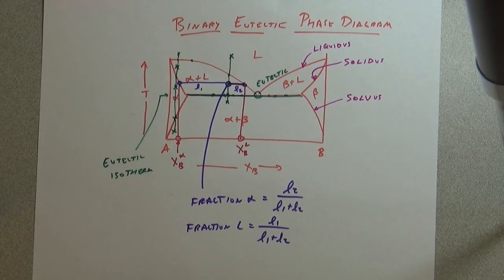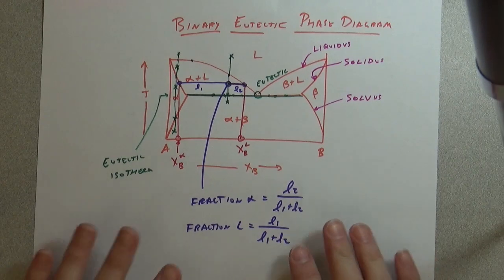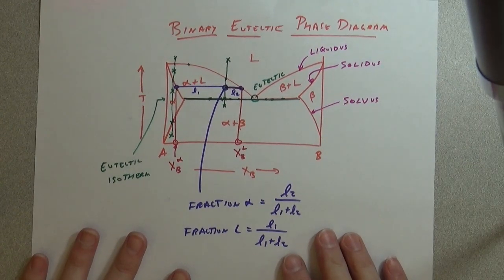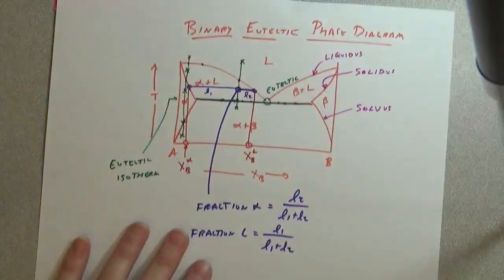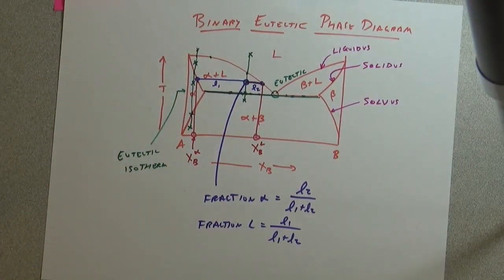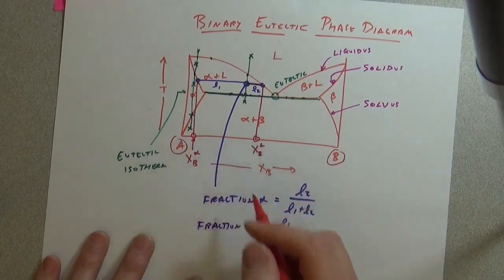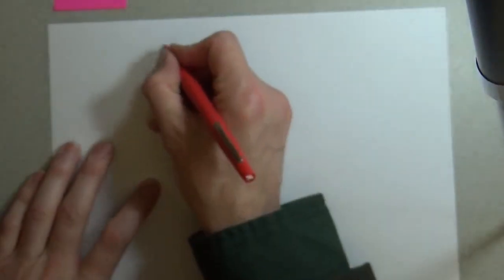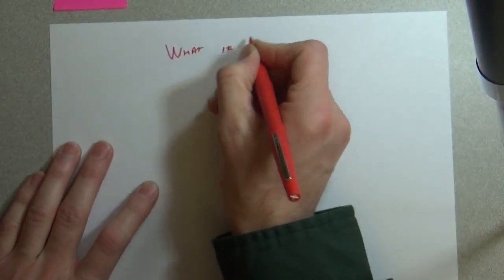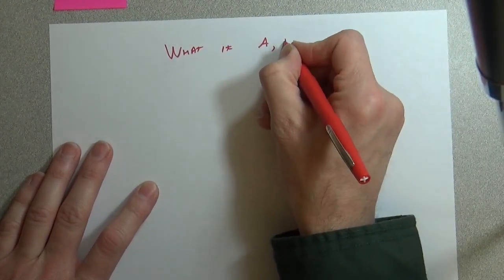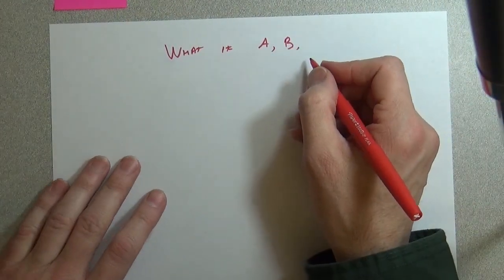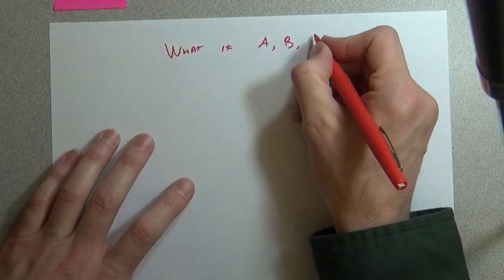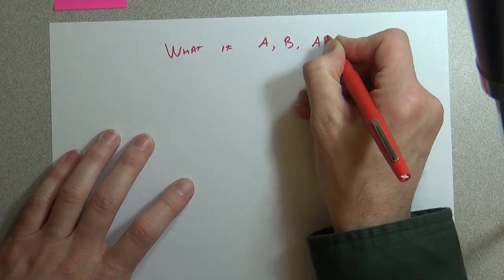So let's talk about what happens when we have an intermediate phase. So right now we've just talked about A and B. But what if we have A, we have B, but these also make an intermediate compound, AB.